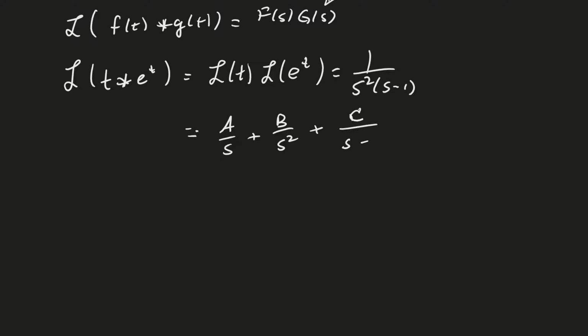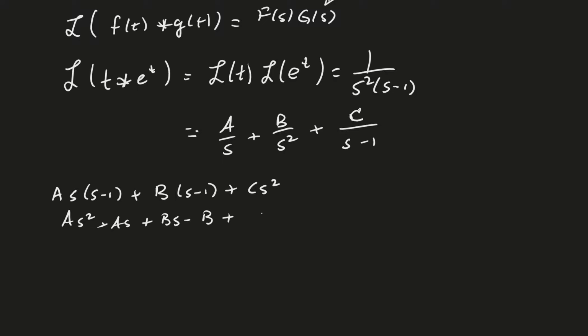Plus c. Good. And so we'll solve for a, b, and c real quick. That's going to be a times (s minus 1) plus b times (s minus 1) plus cs^2. So just to make a note there, minus as plus bs minus b plus cs^2 equals 1.